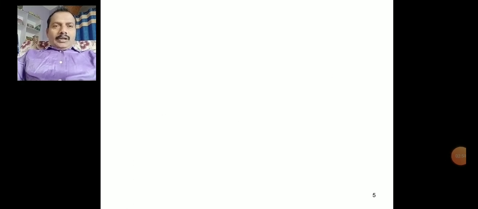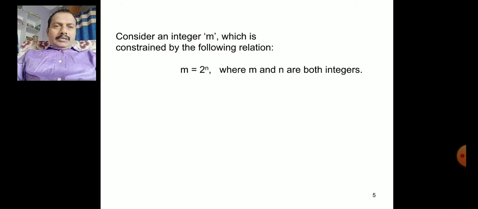So now consider an integer m which is constrained by the following relation: m equals 2 power n, where m and n are both integers.